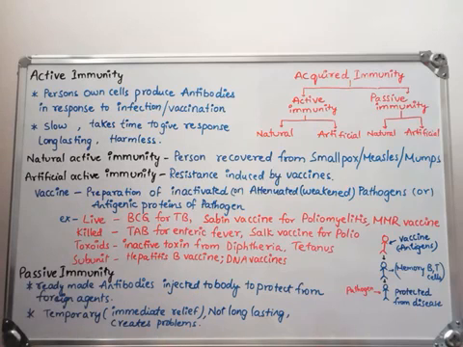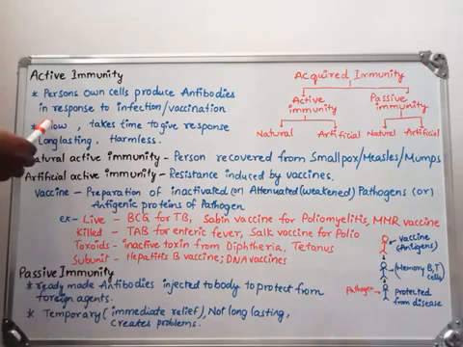The active immunity properties, if we observe, it is a slow process. Why? Because the antigen interaction, the antibody production, and the interaction between antigen and antibody for elimination, all this process will take a lot of time.